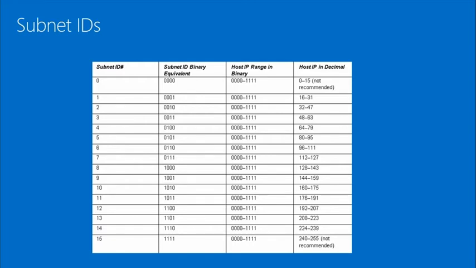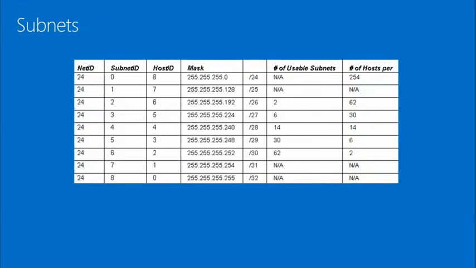I'll just leave this up. You can kind of review this a little bit. You might want to pause on this and read it if you're more interested. Subnets: your net ID, subnet ID, your host ID, your mask, number of usable subnets, and number of hosts per subnet. This one demonstrates one of the concepts behind subnetting.